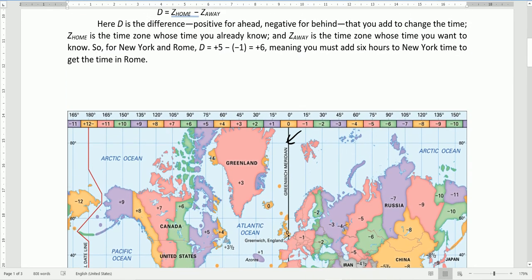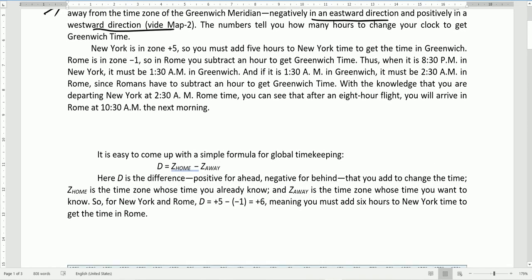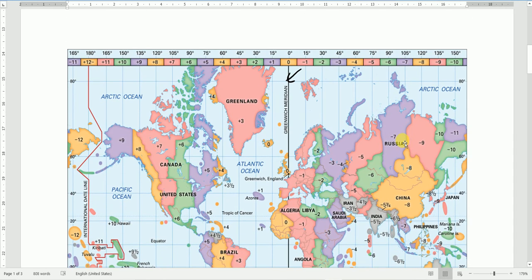As mentioned here, these time zones are numbered negatively in the eastward direction. Let's see here, we have -7, -9, -10, -11, and positively westward, +3, +4, +9, like this.